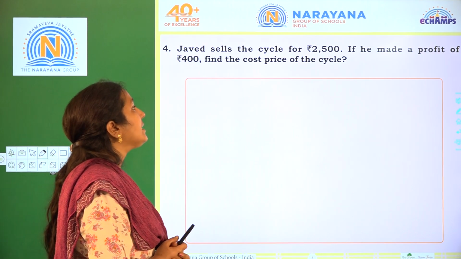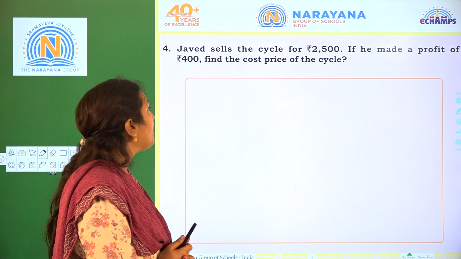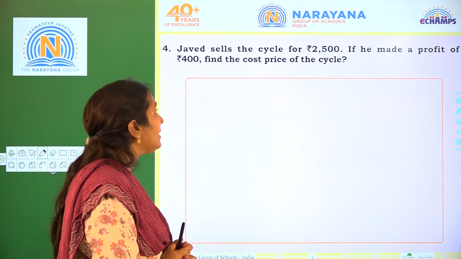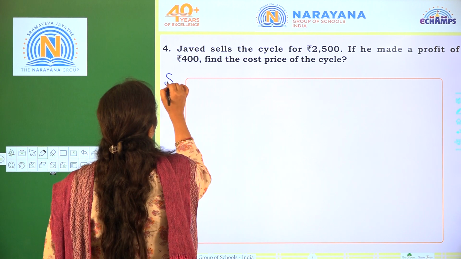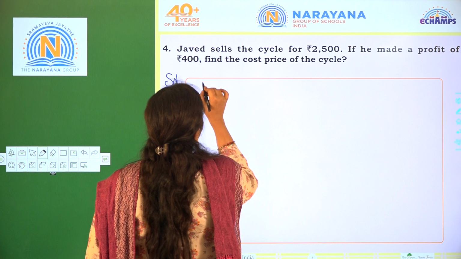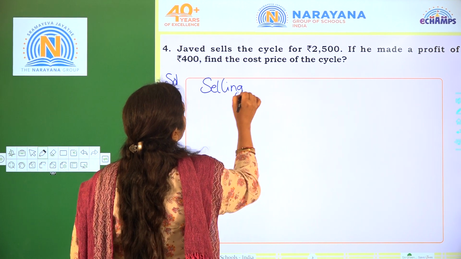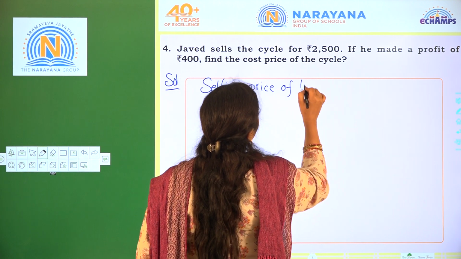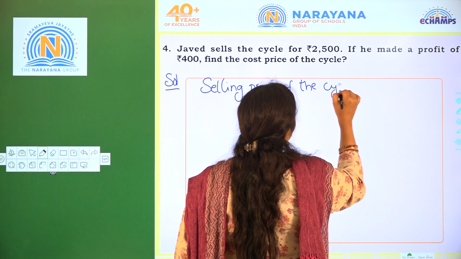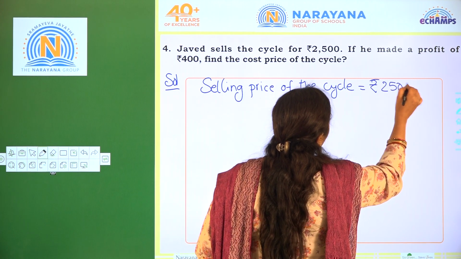Javed sells a cycle for rupees 2,500. If he made a profit of rupees 400, find the cost price of the cycle. So here the selling price of the given cycle is rupees 2,500.